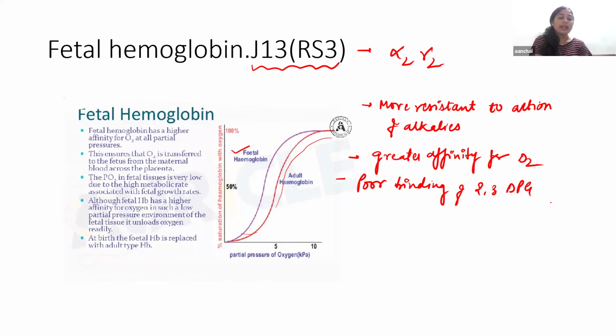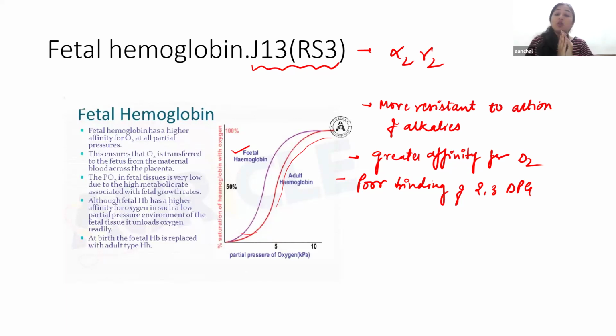So in other terms, we can say that it can take a much larger volume of oxygen than HbA at even lower pressure too. This facilitates the movement of oxygen from maternal to fetal circulation, and HbF is saturated at 20 mmHg of PO2, whereas HbA is only 30 to 35% saturated at this pressure.